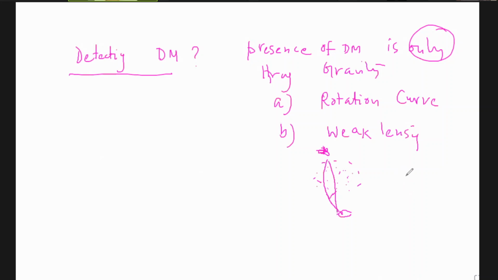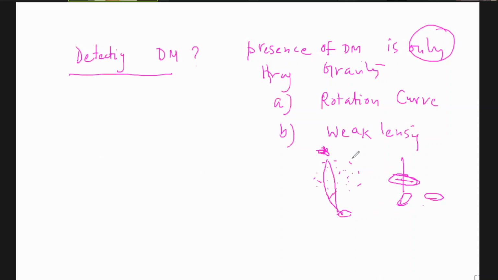So when you see the image, instead of a proper elliptical galaxy, sometimes they get distorted, and you can even get multiple copies of the image. That is called strong lensing. And if they're distorted a little bit, their ellipticity changes, then it is called weak lensing.